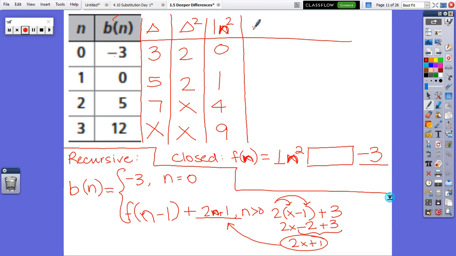The next thing we're going to do is we're going to take our output, which is this one right here, this b of n, and we're going to subtract out our 1n squared. Okay? So start with b of n, negative 3 minus 0 is negative 3. 0 minus 1 is negative 1. 5 minus 4 is 1. 12 minus 9 is 3.